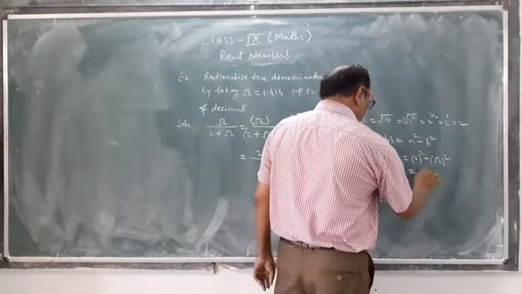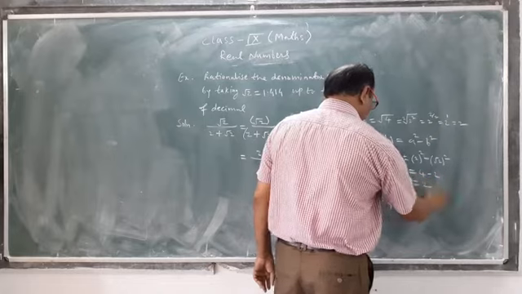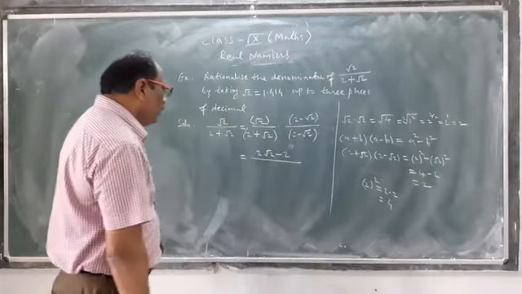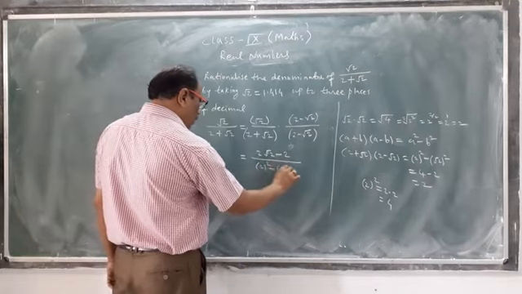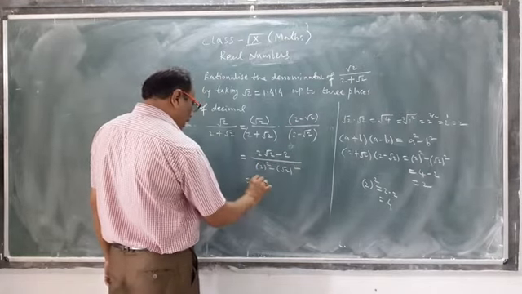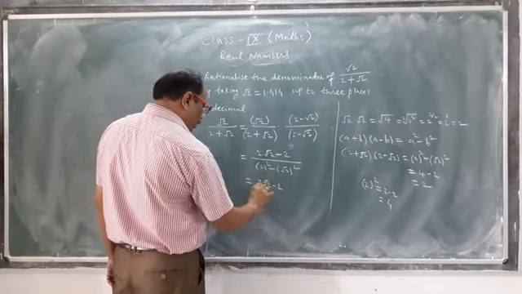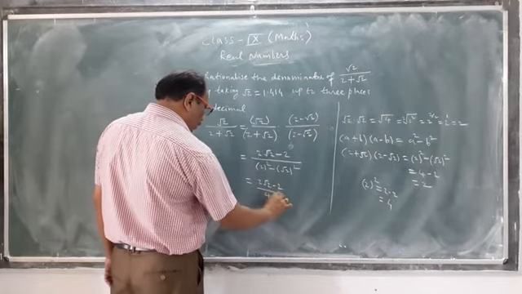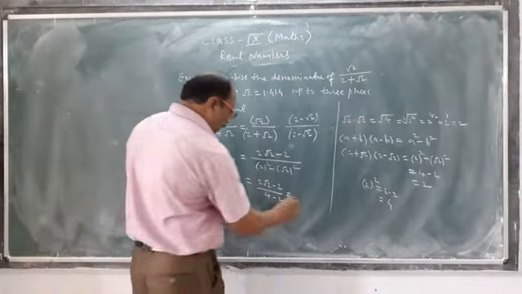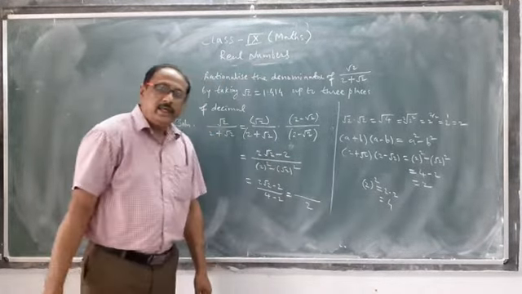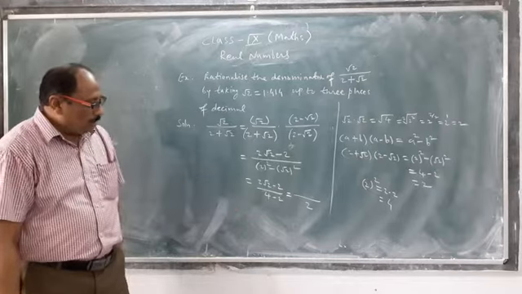Means 4 minus 2, it is 2. Therefore, we write numerator 2 root 2 minus 2 upon 4 minus 2. Therefore, here 2 will be there.